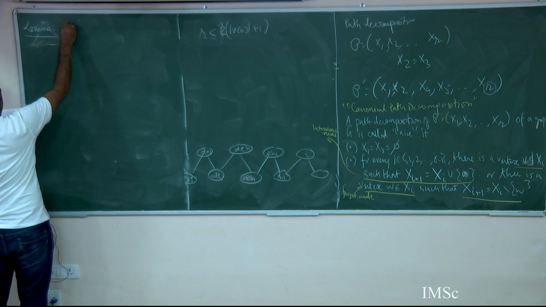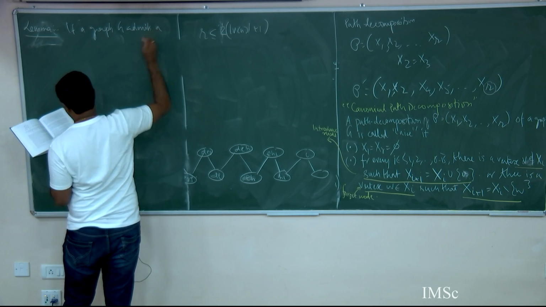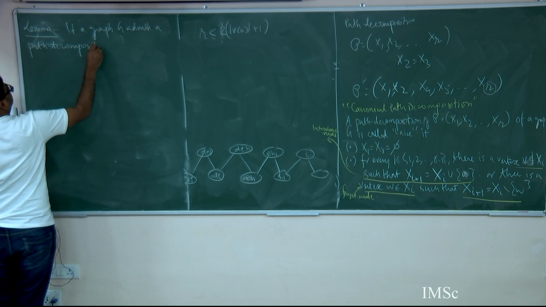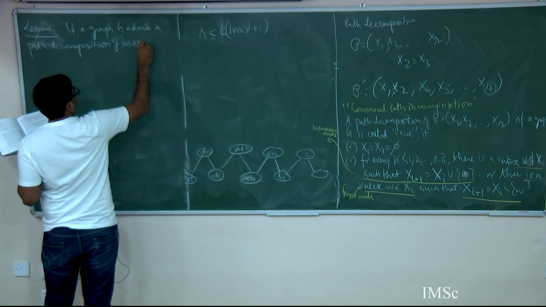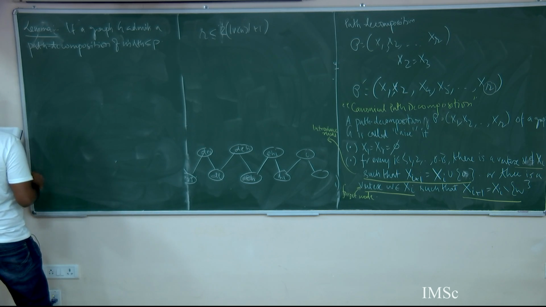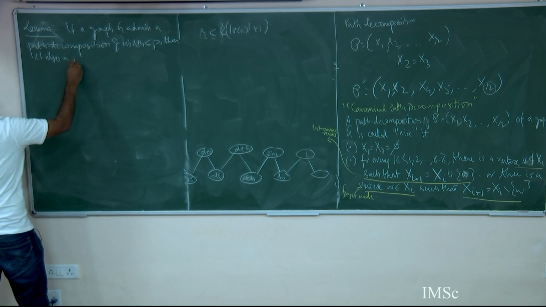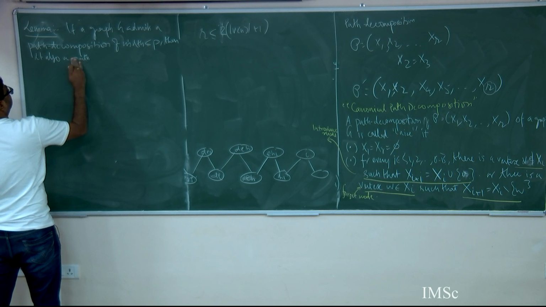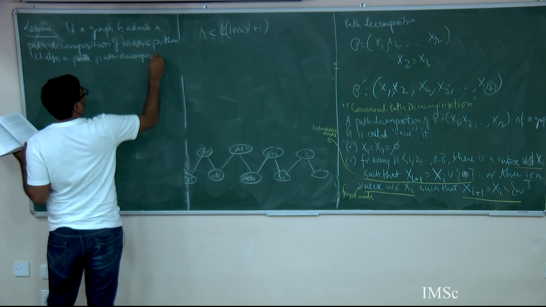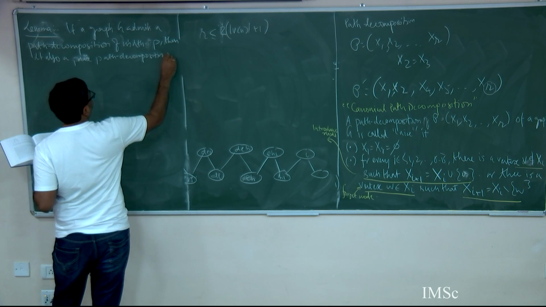So the lemma says, if a graph G admits a path decomposition of width at most p, then it also admits a nice path decomposition of width p, right.